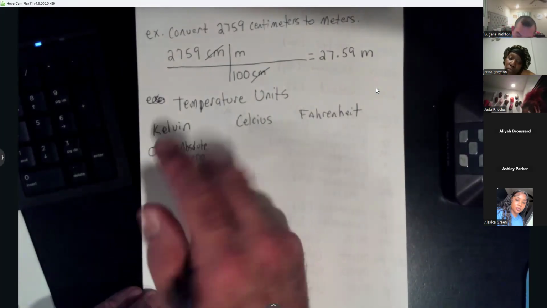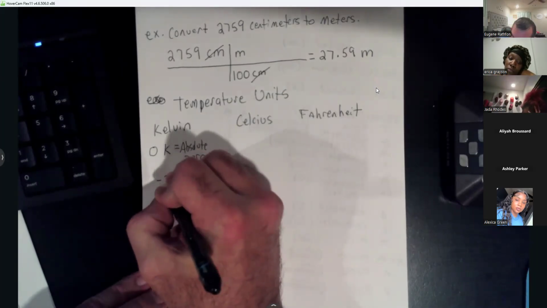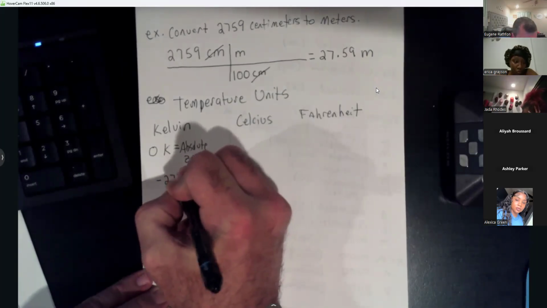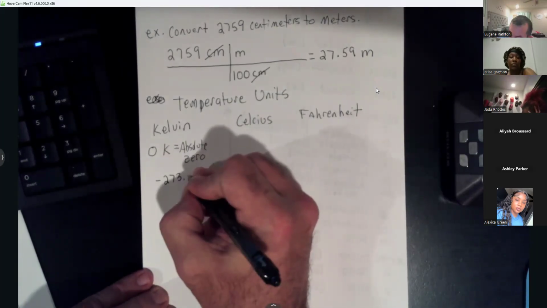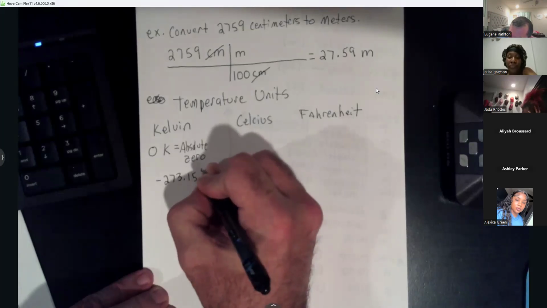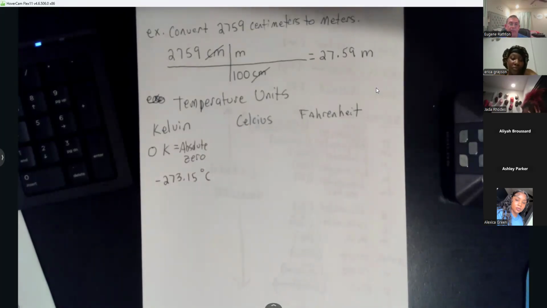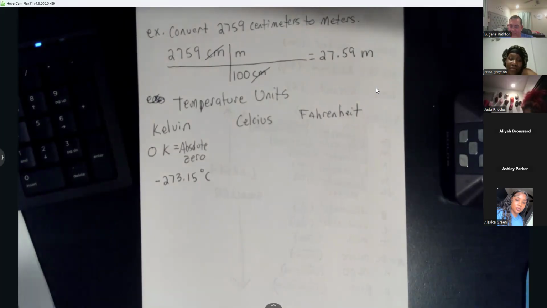And 0 Kelvin is equal to negative 273.15 degrees Celsius. That is cold. That's when they start freezing stuff like roses and they just shatter like glass and stuff, so definitely cold.